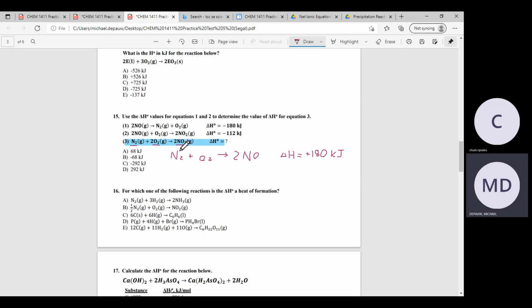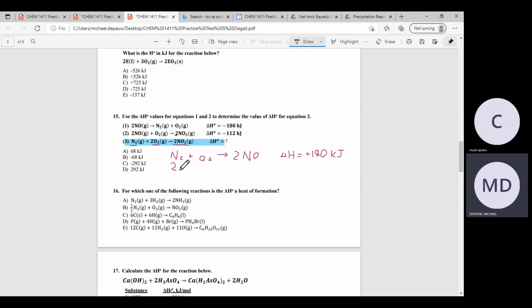So the last one is NO2. Which of the equations above has NO2 in it? Just the second one, right? And in the second equation, NO2 is a product, and in the overall equation, NO2 is a product. So all I have to do is write the equation exactly as it is. I don't need to change it because it's the same number. I need 2 NO2s in my product, and there's 2 NO2s in equation 2.